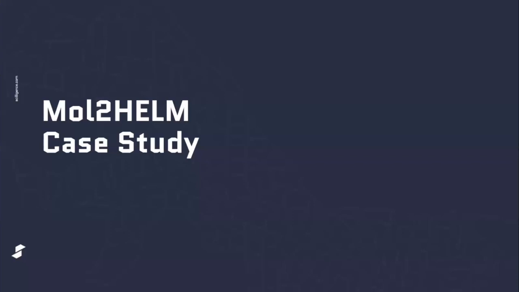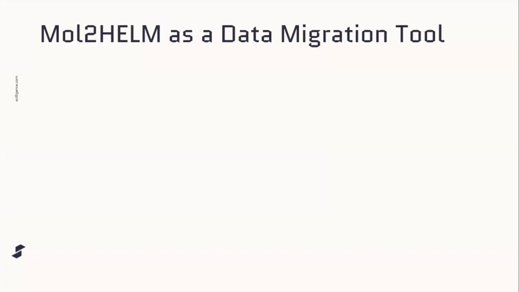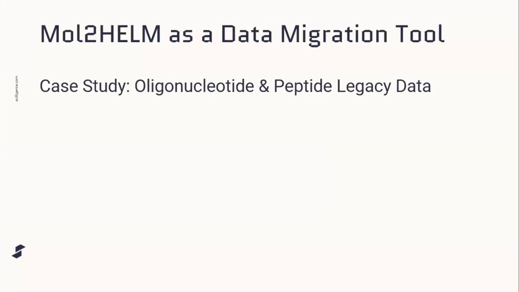So I also want to discuss a case study. This was a project that I personally did a lot of work on, helping one of our clients get on board with HELM by helping them with a legacy data migration. In this project, the client had oligonucleotide and peptide legacy data.